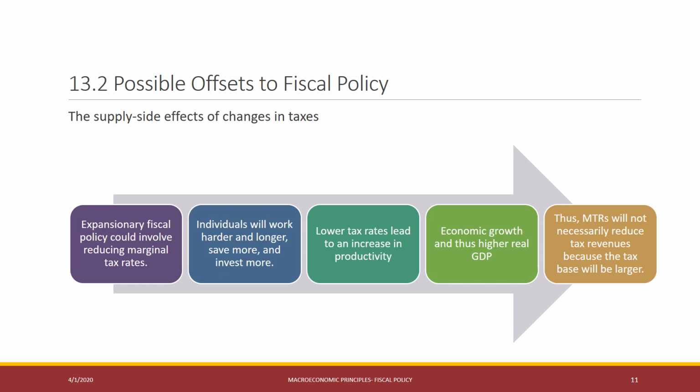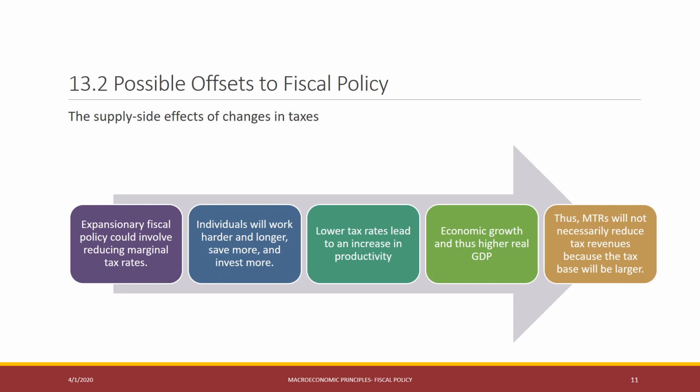Advocates of such changes argue that a lower tax rate will lead to an increase in productivity. They say that individuals will work harder because now the tax rates are low.